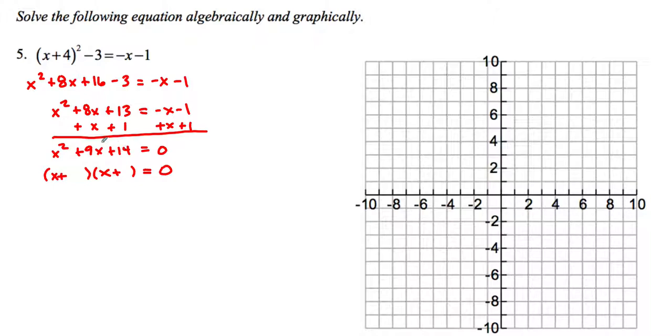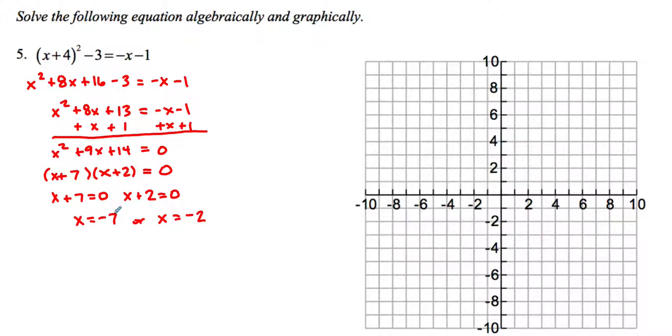And then factors of 14 that add to 9 are 7 and 2. Now we'll use the zero product property and set each of those quantities equal to 0. We'll get x = −7 or x = −2.